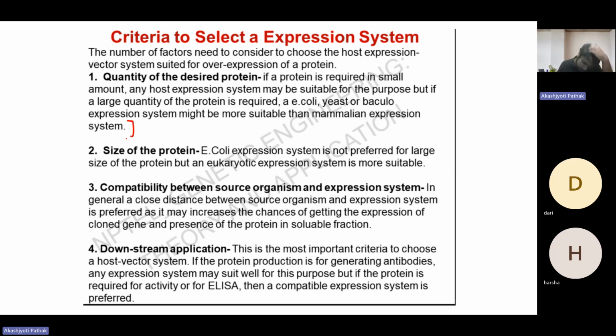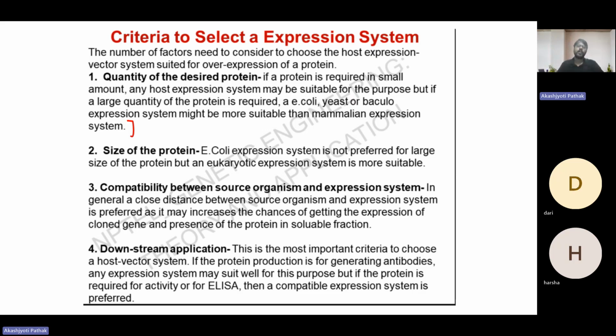Okay. So depending on what is required, if you want to do some biophysical experiments, for example, you want to study the structure of a protein, determine the structure by X-ray crystallography or NMR or cryo-EM, then in those cases, you will require a very high amount of protein. Around 1 milligram of protein will be required.